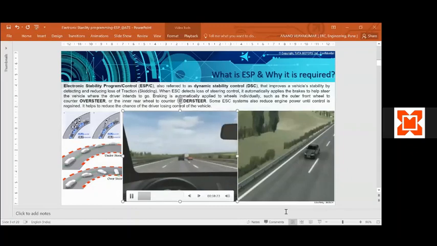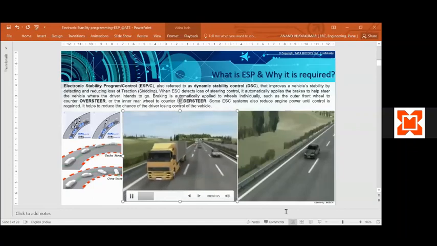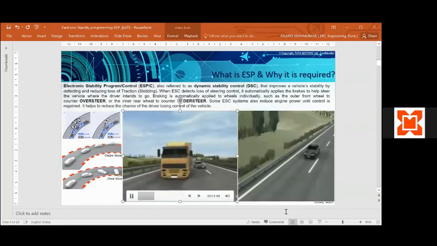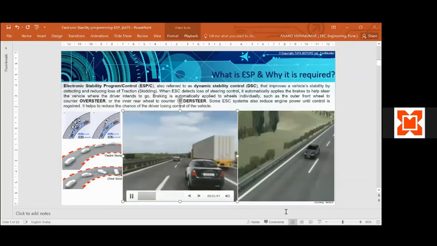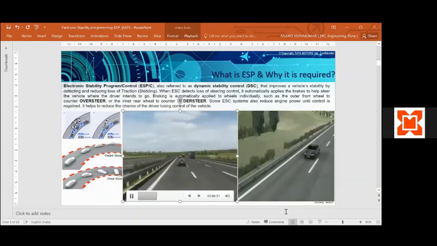The Electronic Stability Program, ESP, monitors the vehicle 25 times a second. If it detects that the car shows a tendency to swerve, the system reacts immediately. Precisely metered braking forces take effect on the individual wheels and return the vehicle to its lane. This is how ESP safely gets the driver out of a dangerous situation.